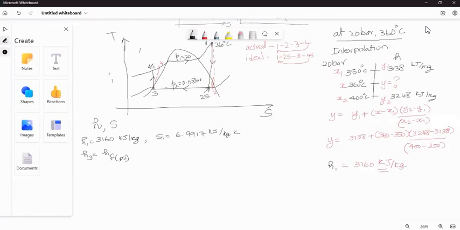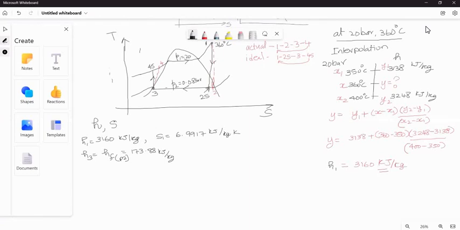P2 is pressure 2. So you can directly read the value. Sometimes they will round it to 174, right? It won't take much of these things.